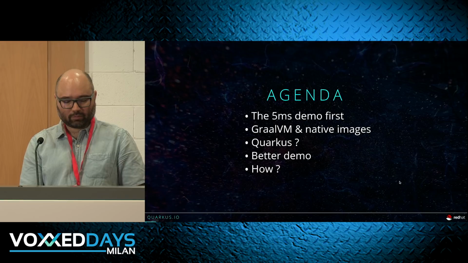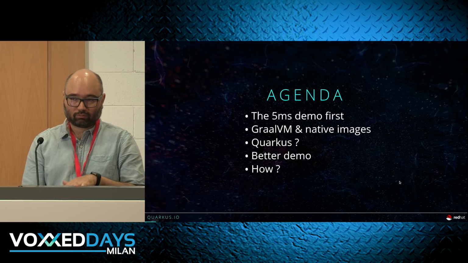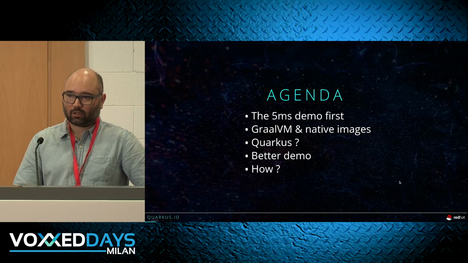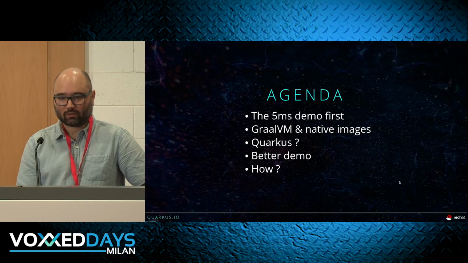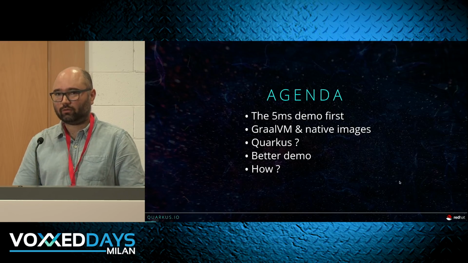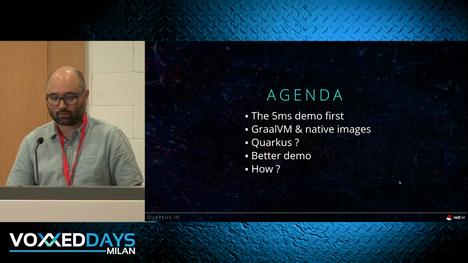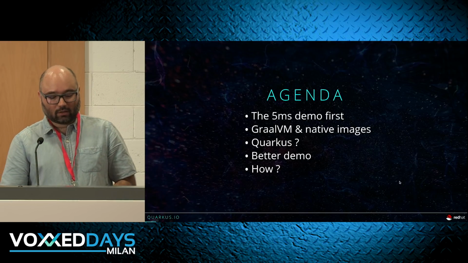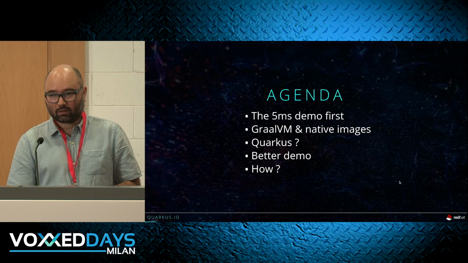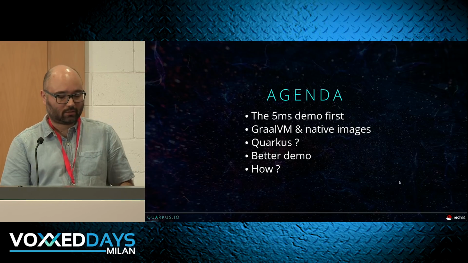Then we will speak a bit about GraalVM, its internals, how it actually works, and how Quarkus interacts with Graal and the normal JVM. You don't need to use Quarkus just to compile native. It can be really useful even if you're just building applications for the JVM. And then we'll have a much better demo than the first prototype and explain how this works behind the scenes.